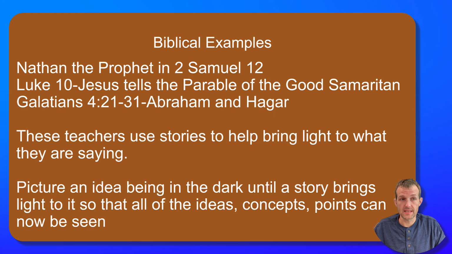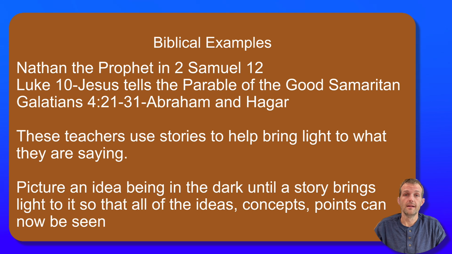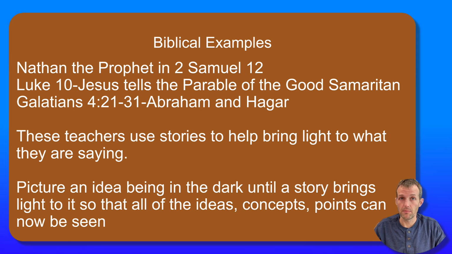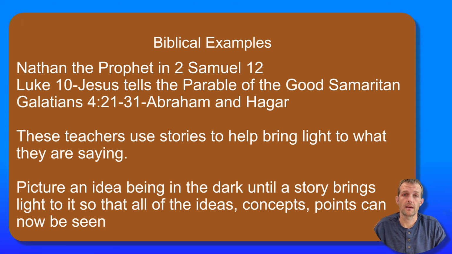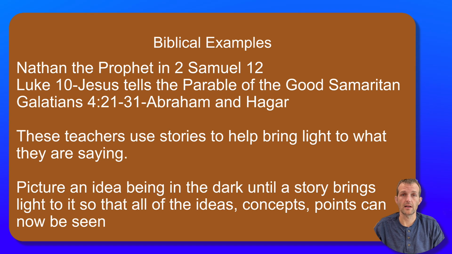There are biblical examples. One of my favorite biblical examples is Nathan the prophet in 2 Samuel 12. So, background, David commits sin with Bathsheba against her husband Uriah, and he is king. And he has broken God's law.